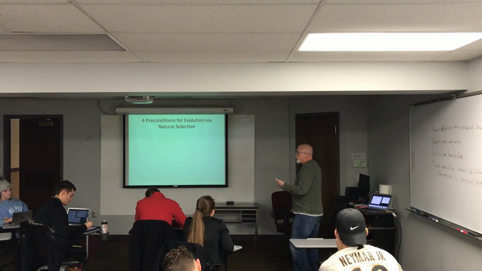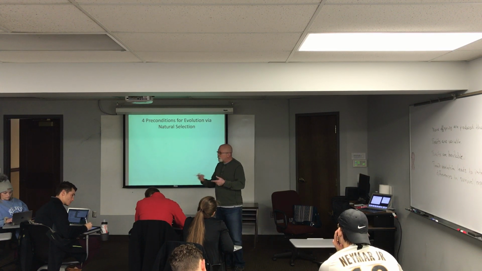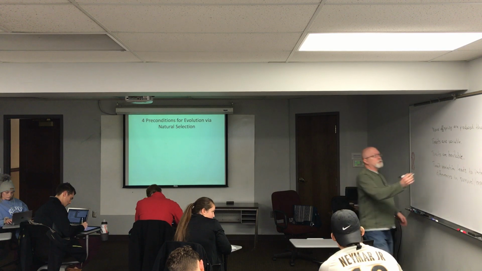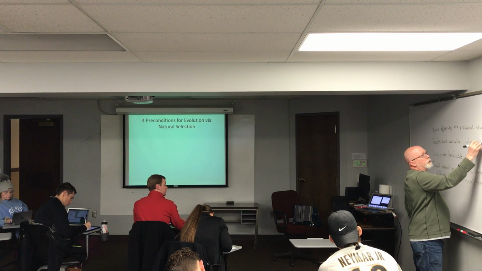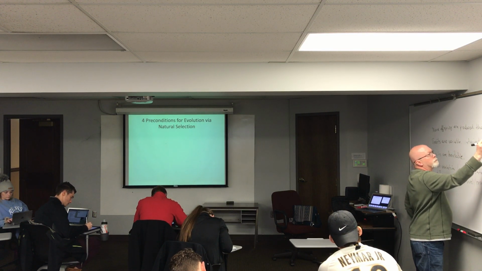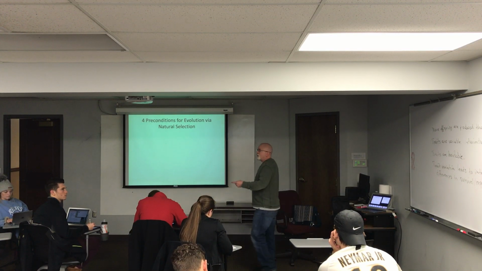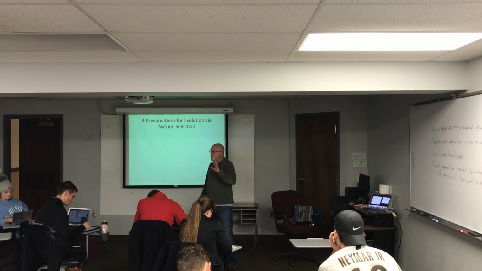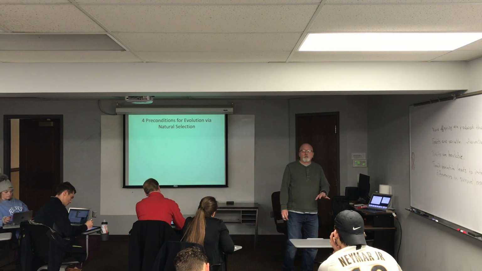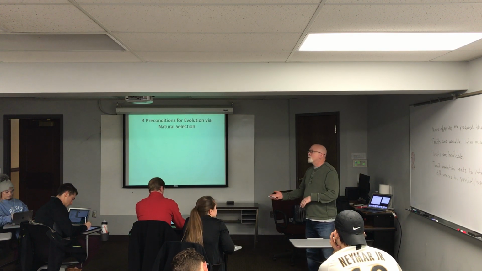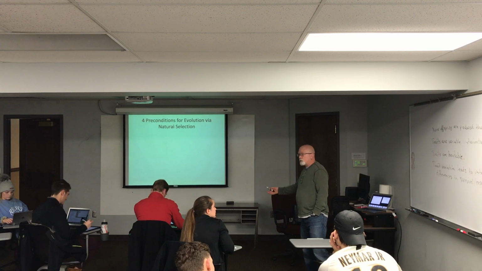If you produce more offspring than can survive, if those individuals possess variations, such that there's inter-individual variation, variation among individuals within a population, if those variations have a heritable basis, and if those variations lead to inter-individual differences in survival and or reproduction, then those variants that promote survival and promote higher reproduction will appear at a greater proportion in the next generation.